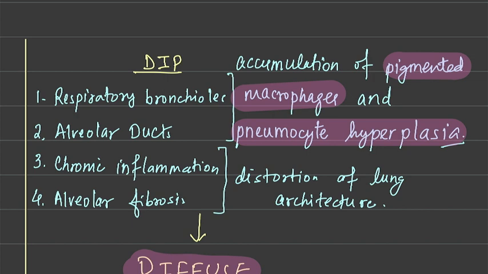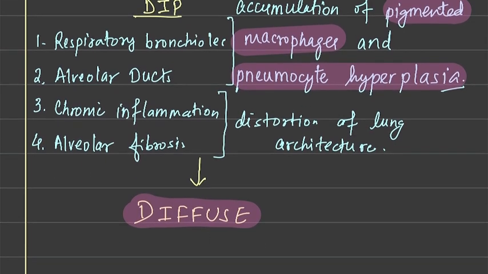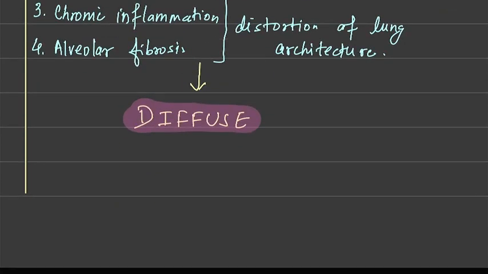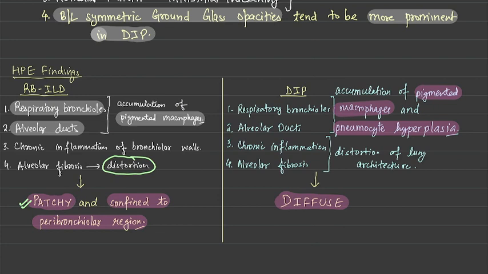Again, there is chronic inflammation and alveolar fibrosis, which will cause distortion of lung architecture. And remember, the findings are diffuse in this case. If we compare, the only difference is that here it is patchy, here it is diffuse. Again, pigmented macrophages, chronic inflammation and fibrosis leading to distortion, right?